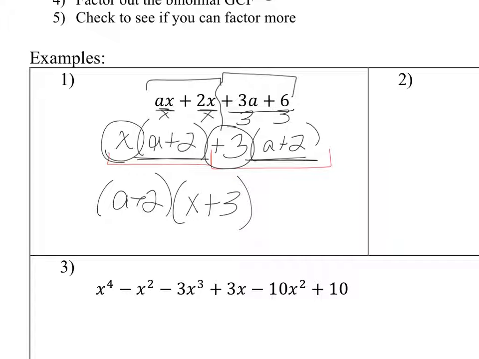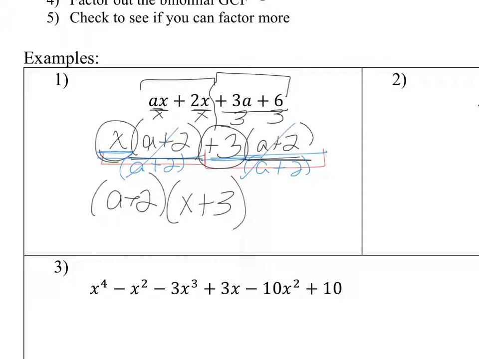So with 4 or more terms, you group, you factor the GCF out of one set, the other set, and if there's more, you factor them all out. And then you should have a binomial factor in common. You take that out in front, and whatever's left, you divide by that a plus 2, if you want to think about it that way. They cancel out, and you're left with the x and the 3.